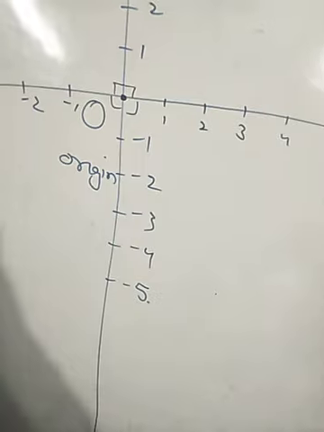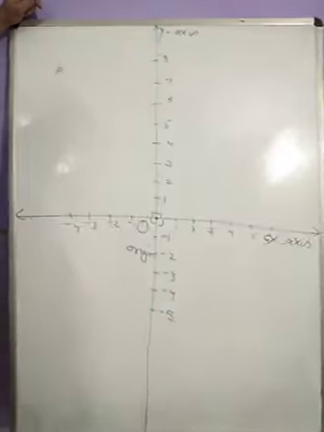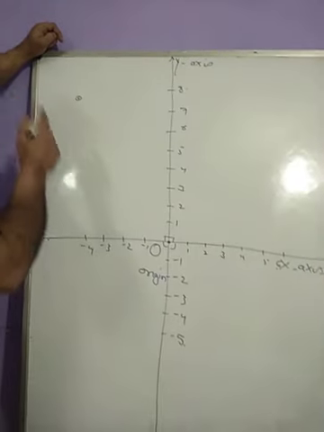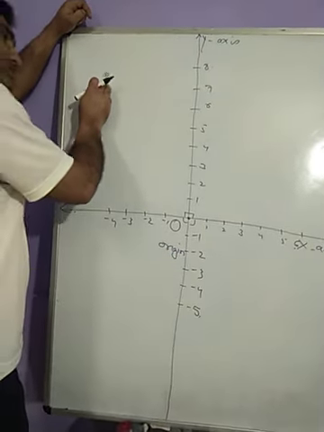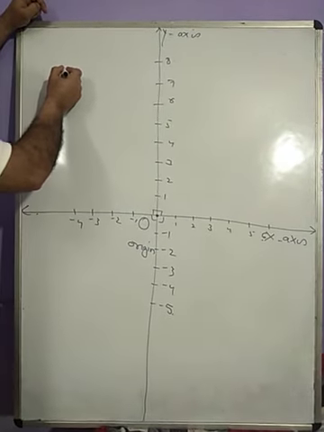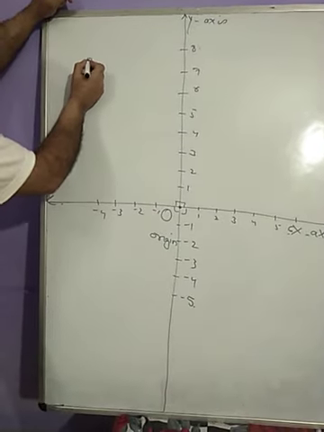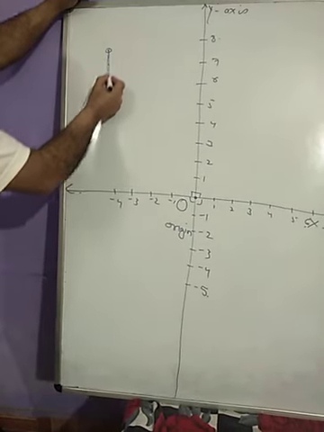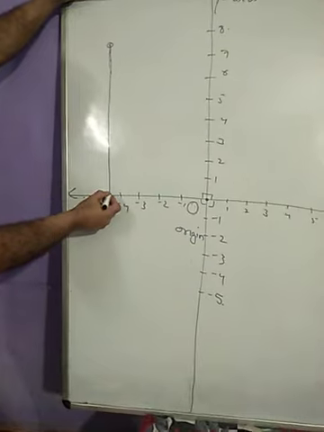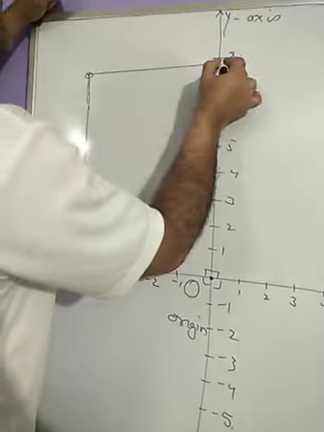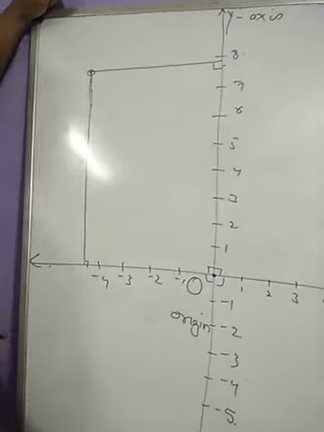Now what Rene Descartes told us, how to find the exact position of a point in a plane. He said, find the distances of this point from the two axes. One from the x-axis. How to find the distance of this point? Just draw one perpendicular from this point to the x-axis and one perpendicular to the y-axis, this way.